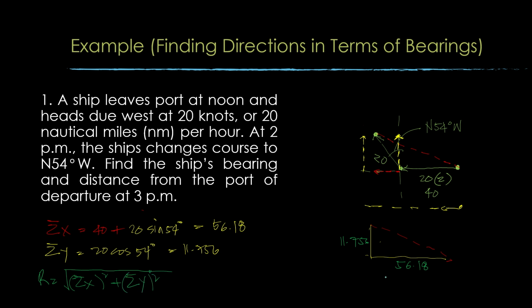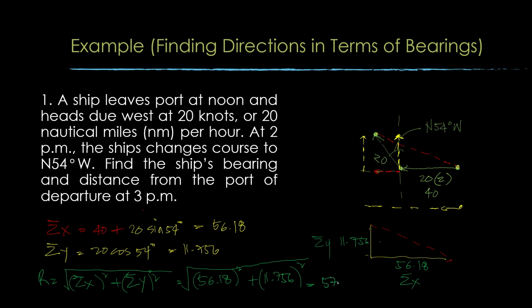Okay, it's just the Pythagorean theorem. If this is summation of x and this is summation of y, a squared plus b squared is equal to c squared. To get c, take the square root of both sides. So that would be 58.16 squared plus 11.756 squared. You take the square root of that value. You have the value of r being equal to what?